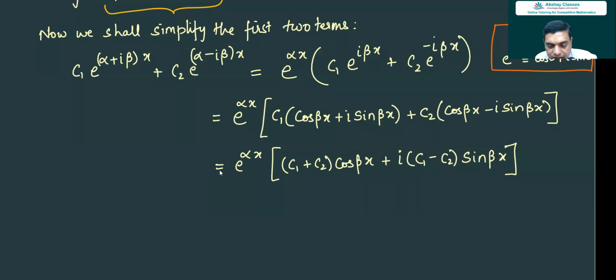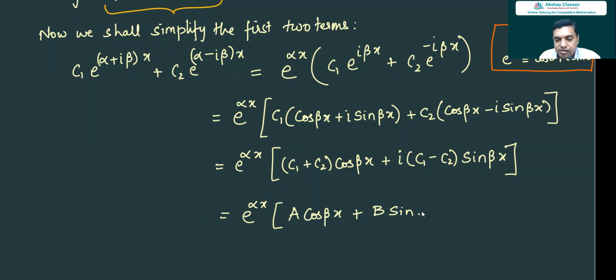Okay. Now, what we can do is replace this with A and B. We can write e power alpha x times A cos beta x plus B sine beta x. This is a constant.